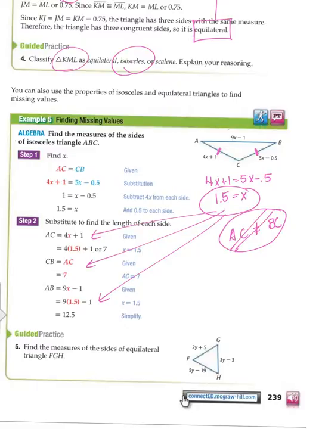In number 5 in our guided practice, down here at the bottom, we have an equilateral triangle. So when you're trying to find out what the y is or the variable is and plug in, and you have an equilateral triangle, you may choose any two sides that you want to. So choose the two that will help you get your arithmetic correct.